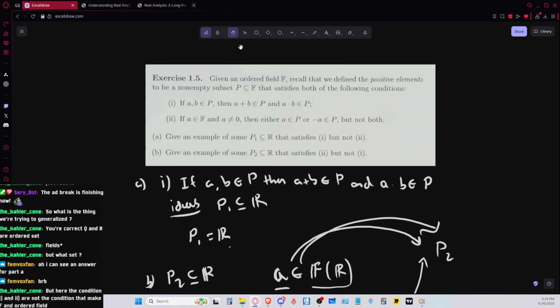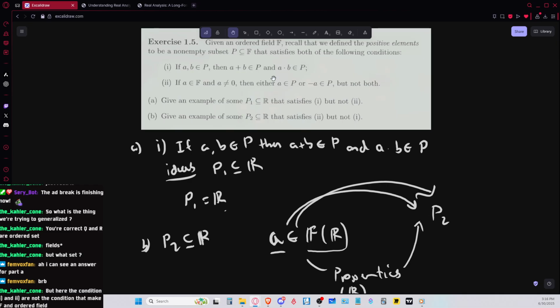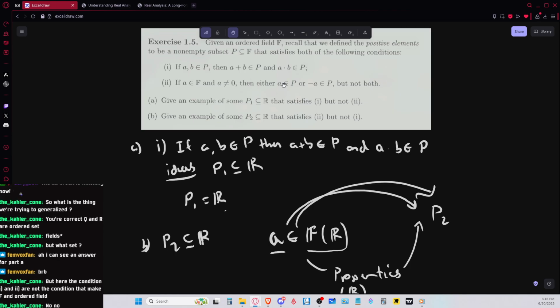Is it that I have to think about the whole entire list that makes a field? Like the commutative property, the distributive property, and the associative property. Oh, okay, no? Okay.